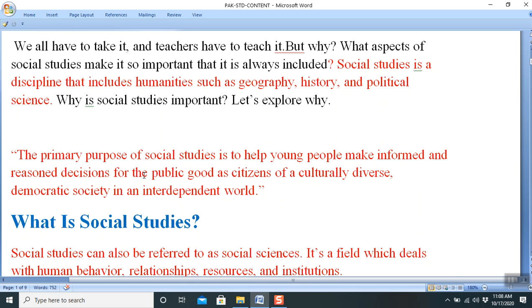Clear? Number one. Number two, they may be able to analyze their own circumstances and can adjust themselves in this democratic and highly vibrant interdependent world.